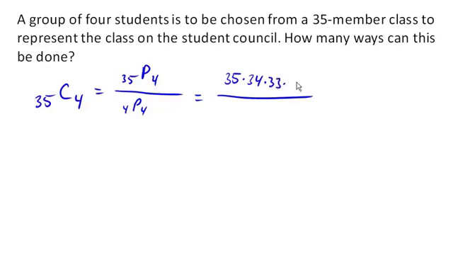And then I'm going to divide that by the different ways of ordering 4 people. So I have 4 choices for the first person, 3 for the second, 2 for the third, and 1 for the last. So this is the total number of ways of choosing 4 people if order matters, divided by the number of ways of ordering them, which takes care of the order, gives me 52,360 different combinations.